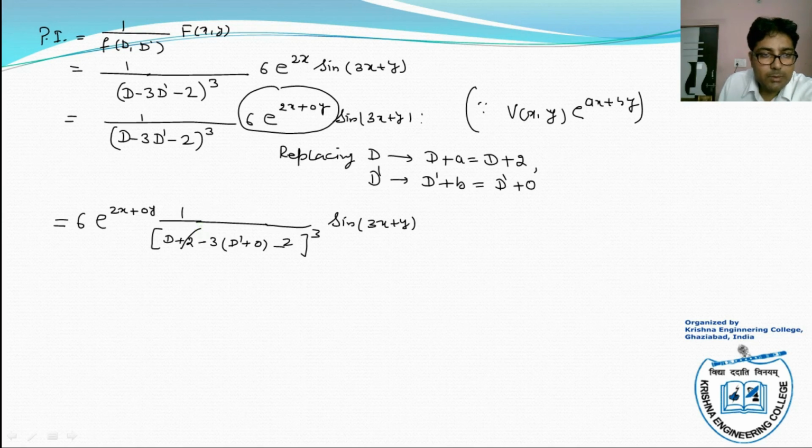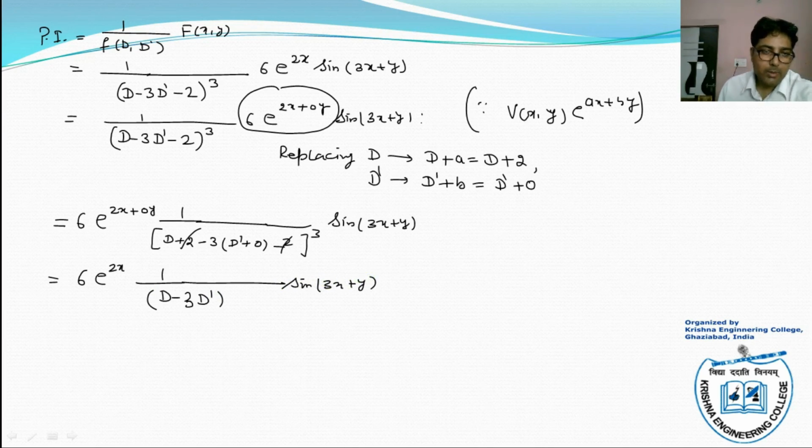This becomes 6 e to the power 2x upon (D minus 3D') cubed sin(3x plus y). Clear? This factor is homogeneous, so we use the rule of homogeneous.